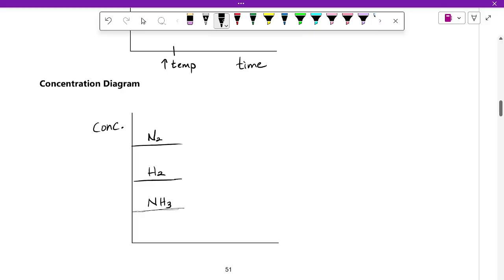Concentration, time, and right here is where we increase the temperature.